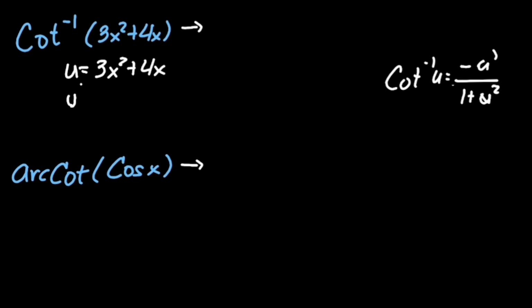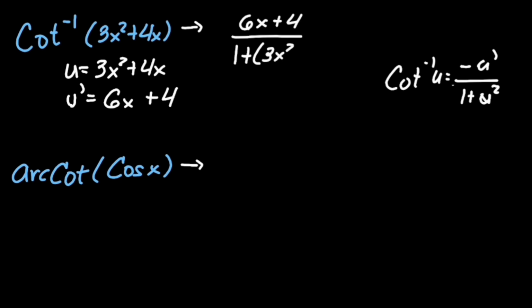And u prime here will be the derivative of 3x squared plus 4x, which is 6x plus 4. Now plug this into the formula and you will get 6x plus 4 over 1 plus u squared, which will be 3x squared plus 4x raised to the power of 2.